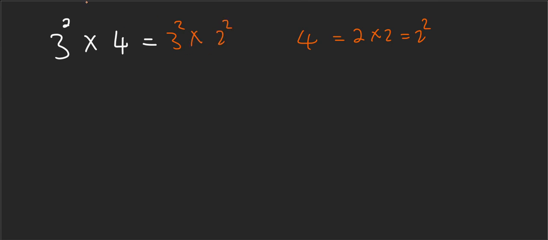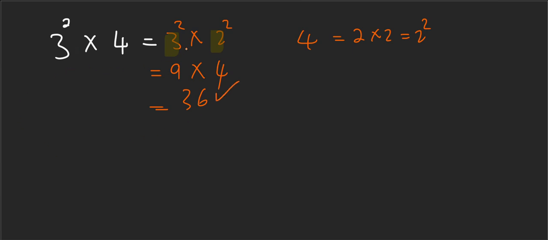But the law here won't work because 3 and 2 are not the same. However, 3 squared is 9, and 9 times 4 is 36, and this is the answer.